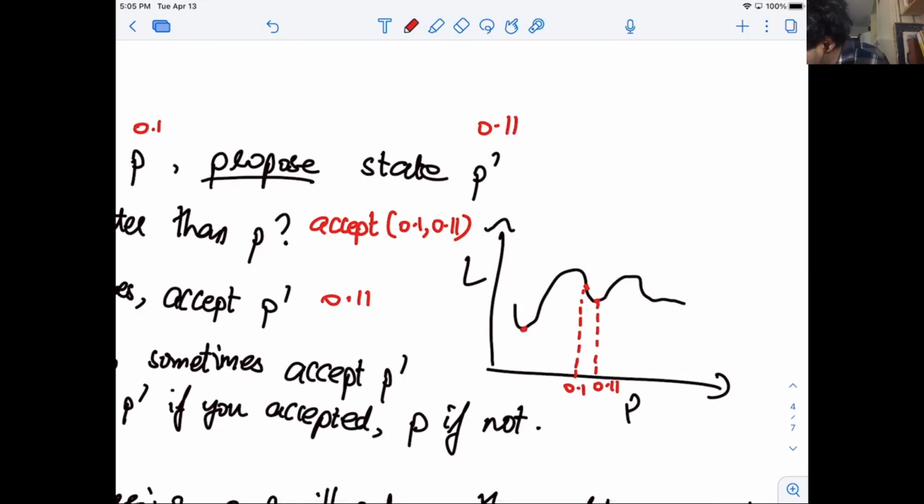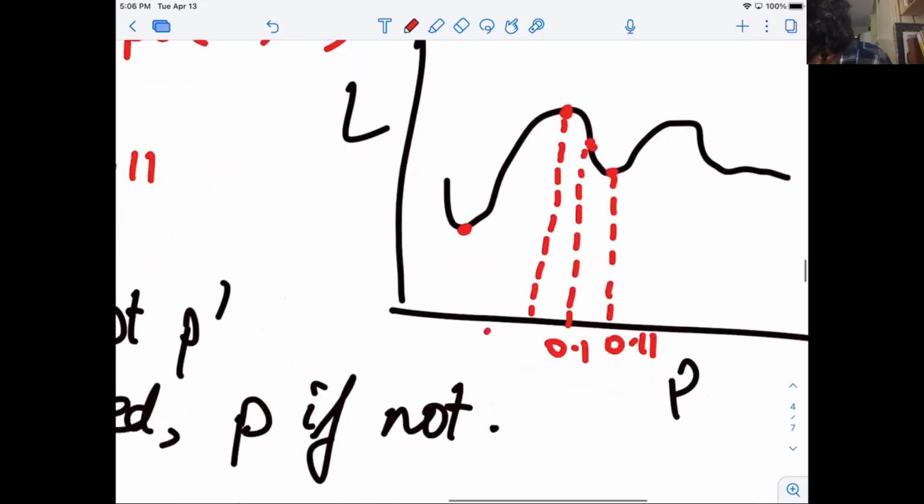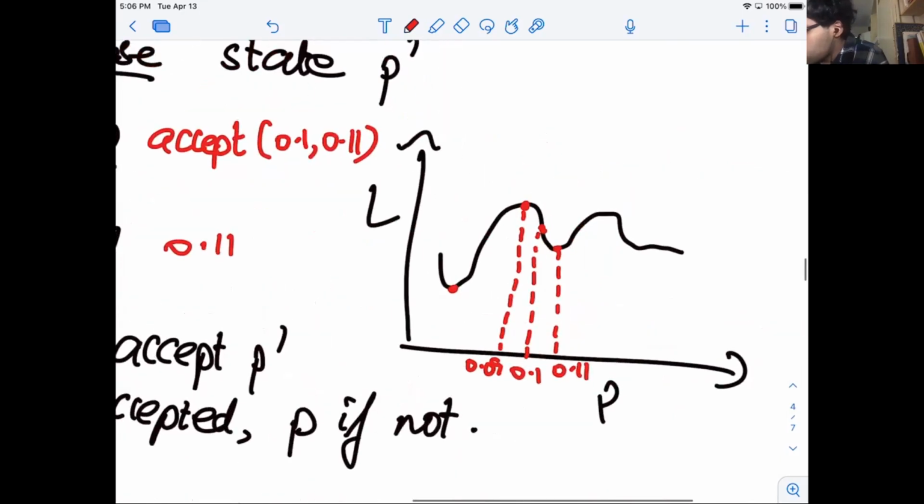So I want to leave that possibility open. Now let's say my other proposal is to move back over here to 0.09. On the face of it, it seems like you would want to reject going to 0.09 because that just makes the loss worse. Because this jump will make the loss worse, I wouldn't want to ever do that.